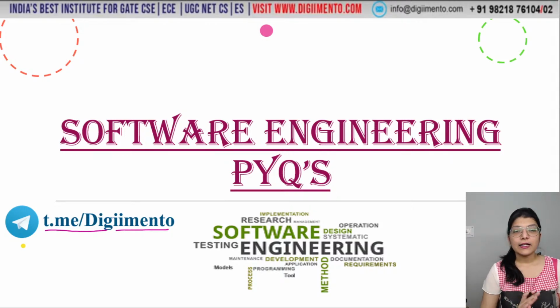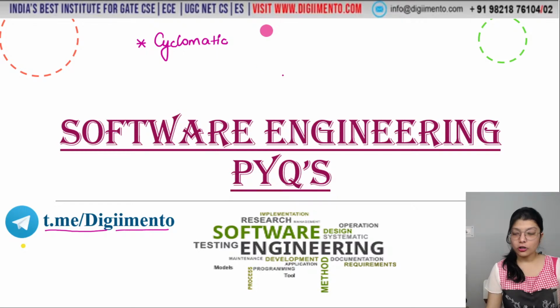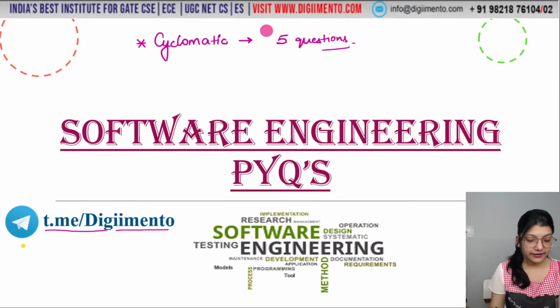Now in software engineering PYQs, we will be covering two important topics today. One most important topic is cyclomatic complexity. In 2019, a question was asked from this cyclomatic complexity and it contained 5 questions, 5 questions alone from cyclomatic complexity only.